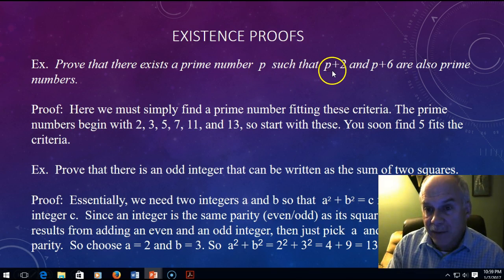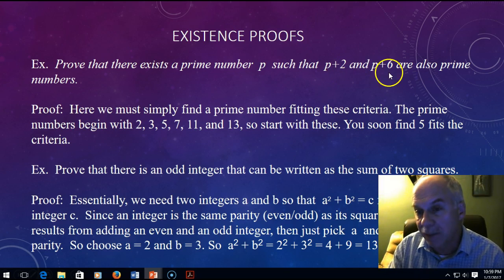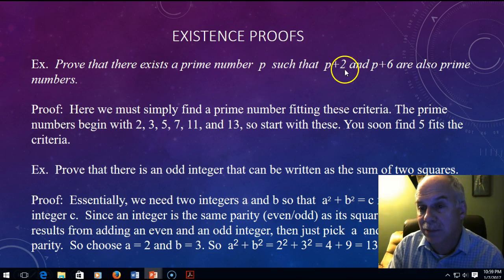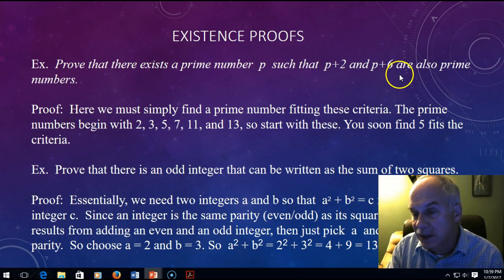Is 5 plus 2 a prime number? Yes. 5 plus 2 is 7, and that's a prime number. And is 5 plus 6 a prime number? Yes. 11 is a prime number. So we have just proven that there exists a prime number p such that p plus 2 and p plus 6 are also prime numbers. Okay?